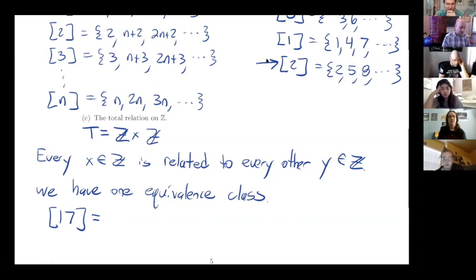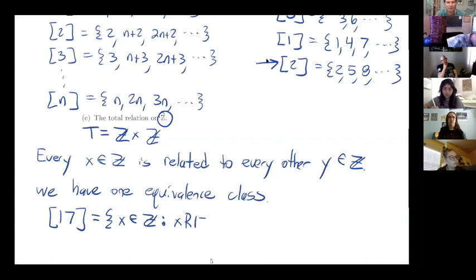Is it the set of all X and Y such that relate to Z? So these equivalence classes are going to form a partition of the set, in this case, Z. So they're going to be, in general, subsets of the set that you start with. So what I should be thinking about is this gives me possibly some subset of integers, but the elements in this equivalence class would be the set, generally speaking, of all X in the integers such that X is related to 17.